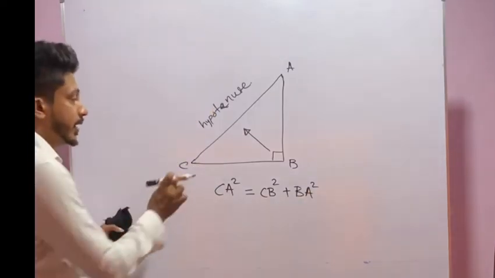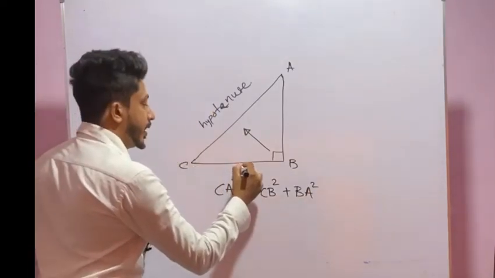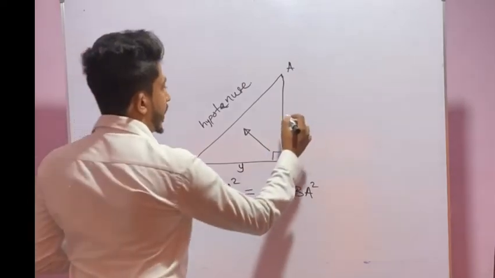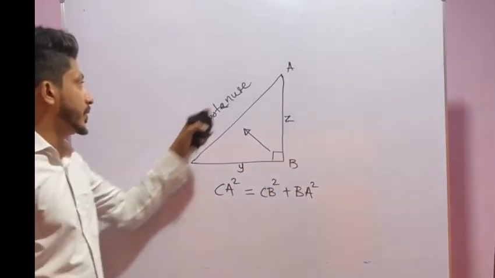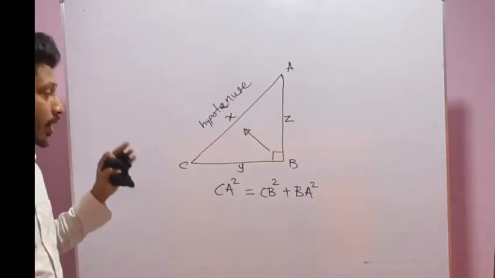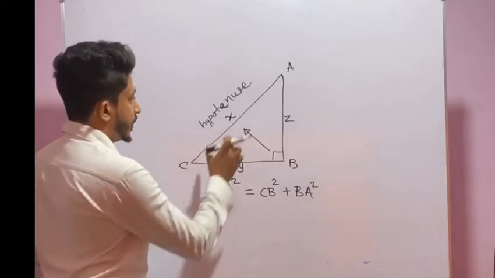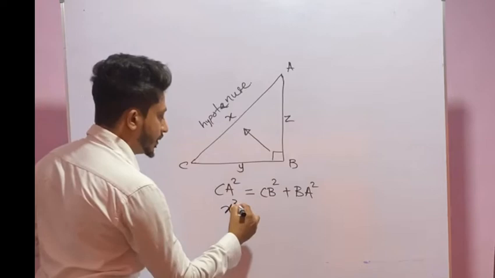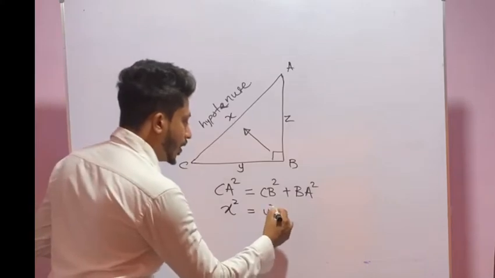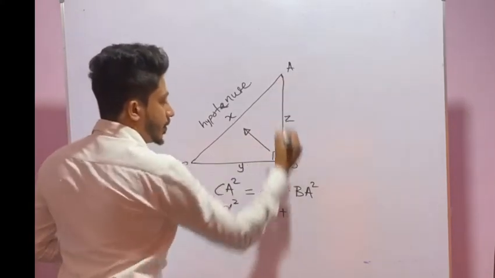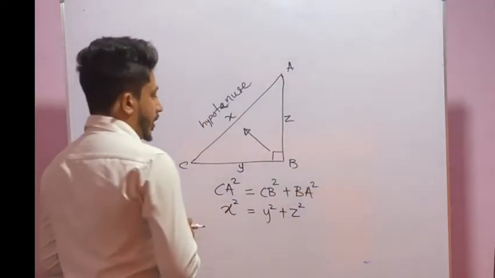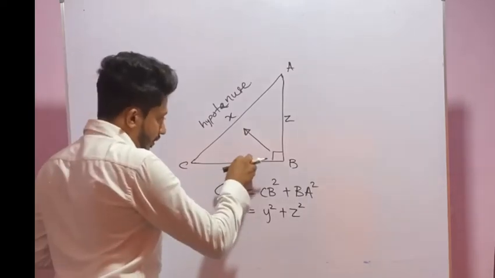Let's say the length of CB is Y, the length of BA is Z, and the length of the side CA is X. Now I can write the Pythagoras theorem as X square equals CB, that means Y square, plus Z square.